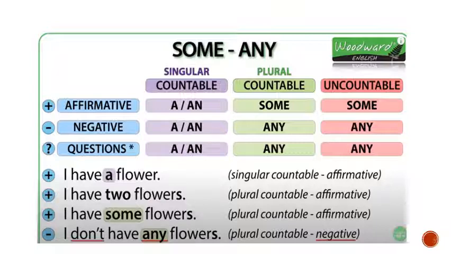The third one, I have some flowers. We use some in an affirmative sentence with a plural countable noun, flowers. In the last one, I don't have any flowers. It is used any in a negative sentence with a plural countable noun.